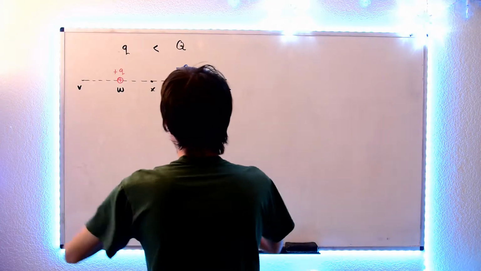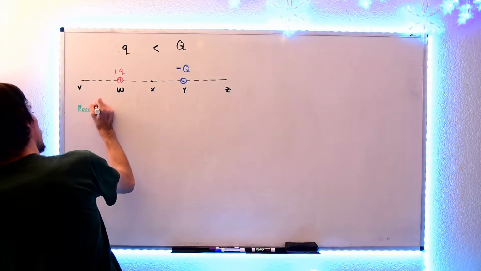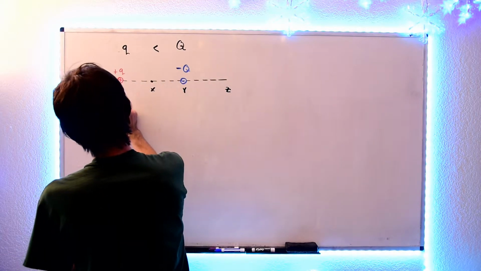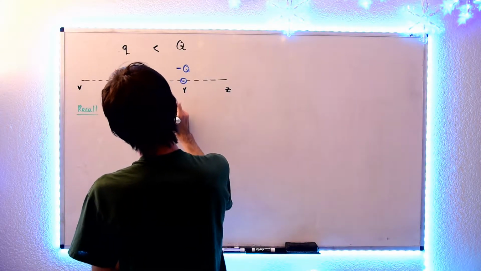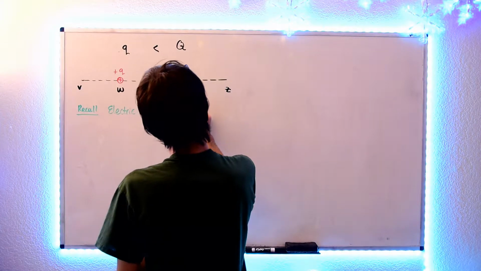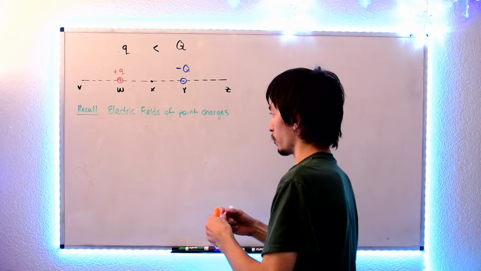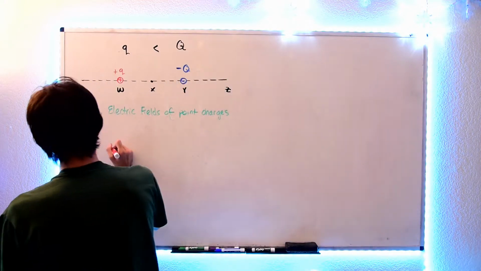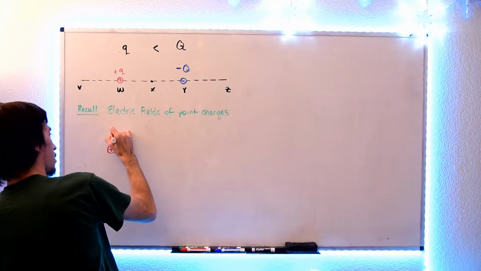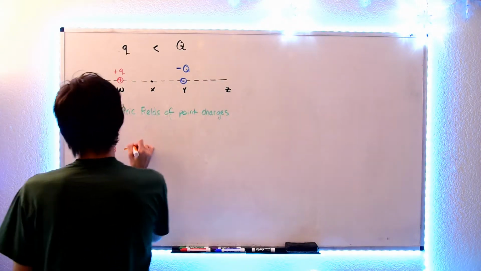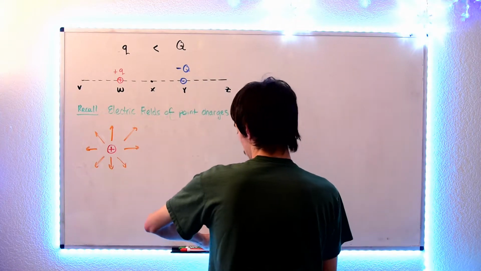So we want to recall electric fields of point charges. Okay. So first, a little schematic just showing the directions of the electric fields individually. So outward in every direction, and then inward in every direction.